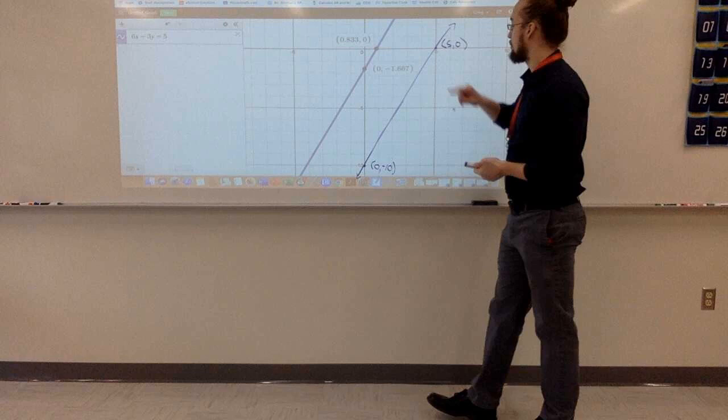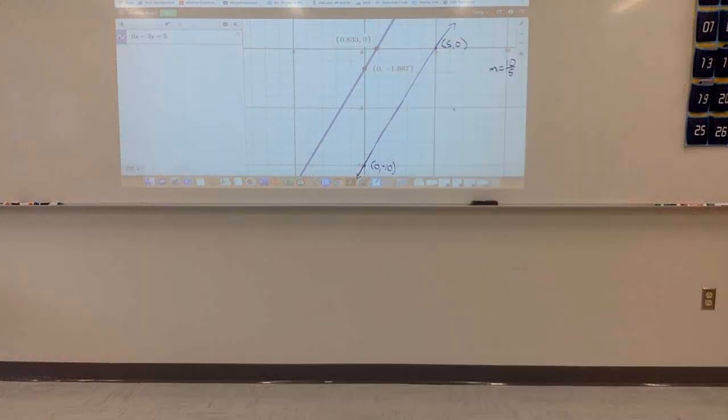I could say, well, I'm going to go up 10 and right 5. Right? Up 10, right 5 would be my slope. So that would reduce. How would 10 over 5 reduce? 2 over 1.